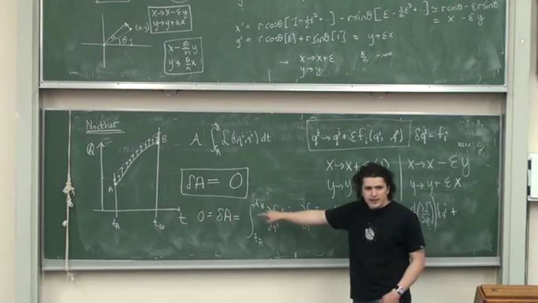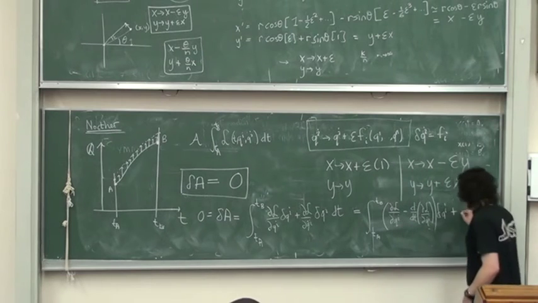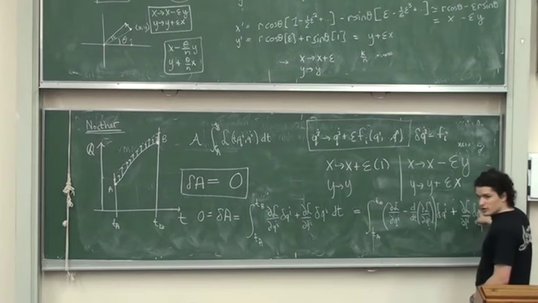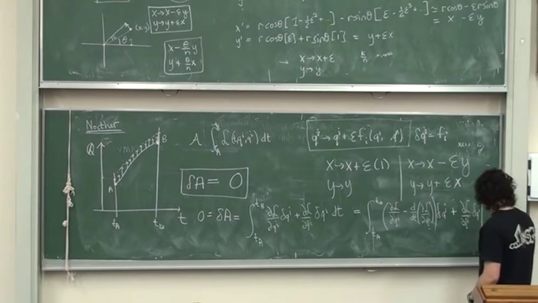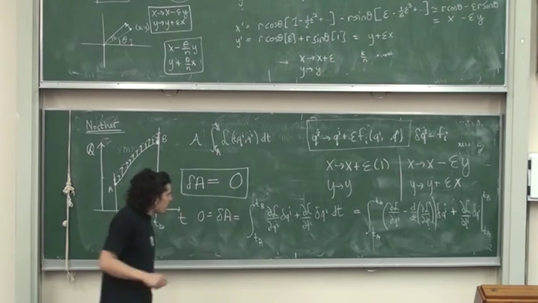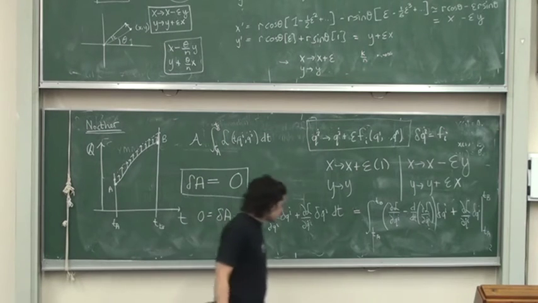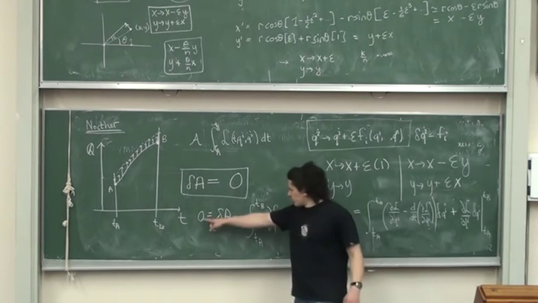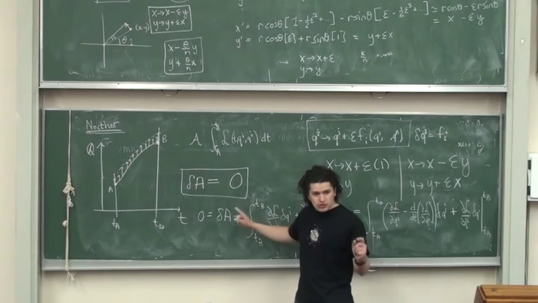There's a sum over i in front, I'm not writing. But the thing at the endpoints looks like ∂L/∂qi dot delta qi, and this time it's not dotted, from tA to tB. Right, so what have we learned? Well, we've got a 0 on this side because this was 0 by symmetry.